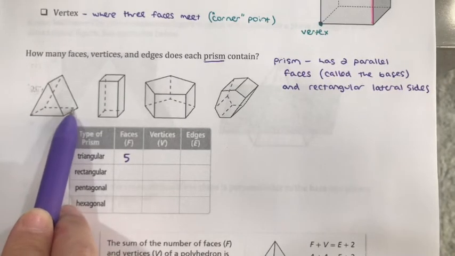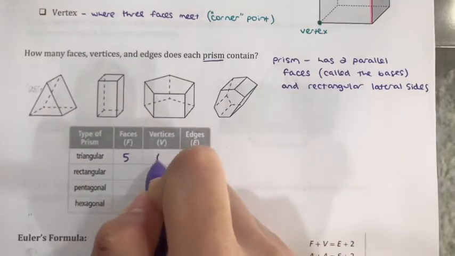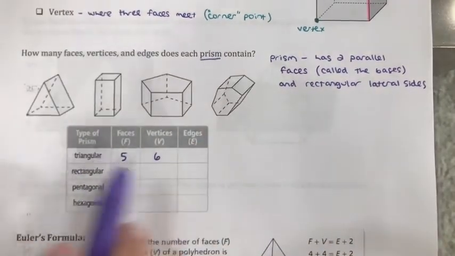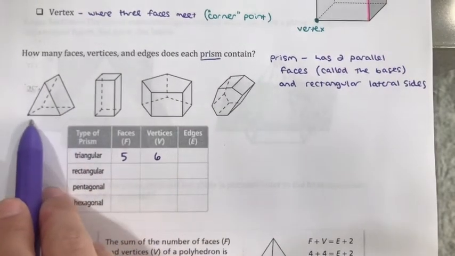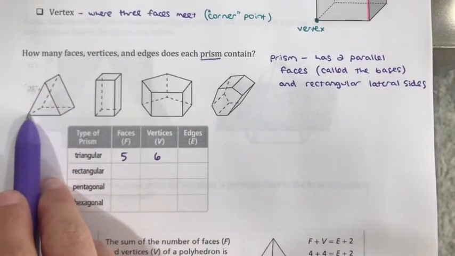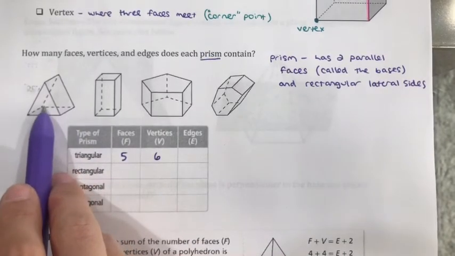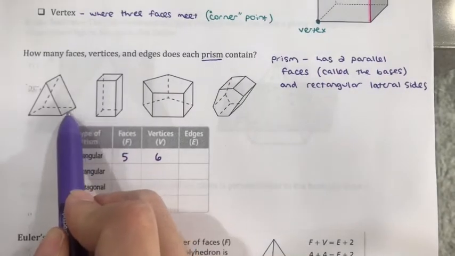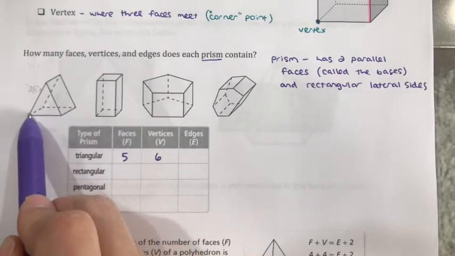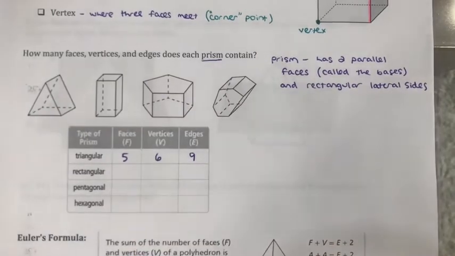In the back, we've got 4, 5, and 6. Edges are the straight lines. So I've got 1, 2, 3 on the first triangle, 4, 5, 6 on the second triangle, and then I have 7, 8, 9 as those other 3 sides. So we've got 9 total.